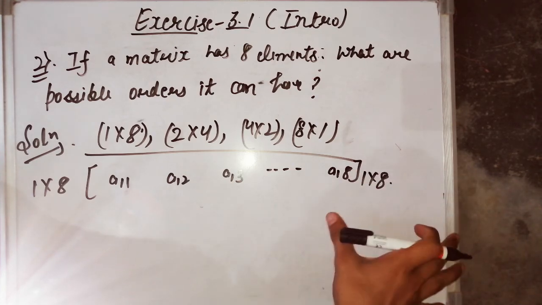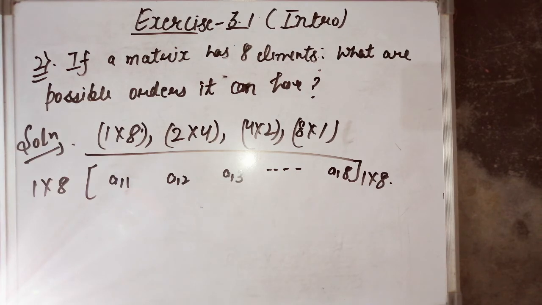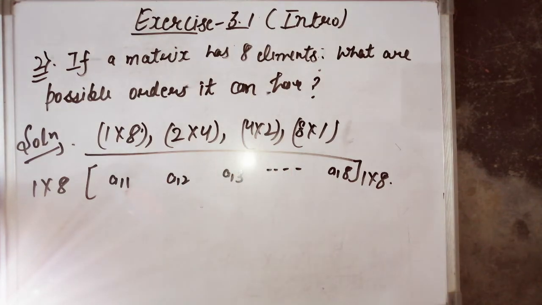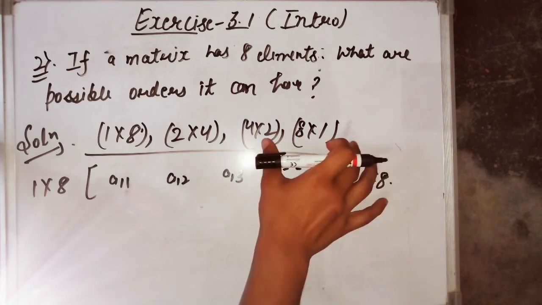This matrix is of order 1 cross 8. If you want to make the 2 cross 4 matrix, make it yourself, and if you have a doubt, write in the comment section. And if you have made it, tell me in the comment section, yes or no.